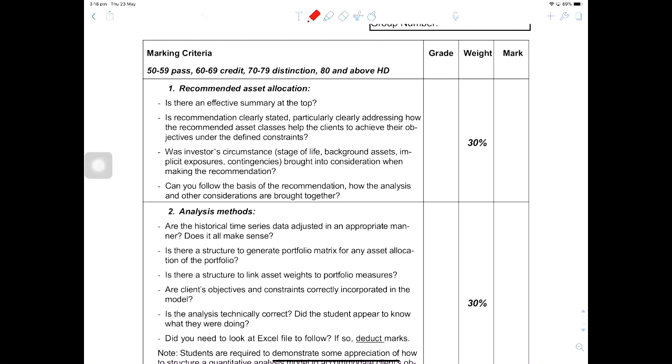So it's very important you recognize that your client is transitioning to retirement. So it is very important to frame your discussion within the context of the client's stage of life, background assets, like the family home, which is part of the assets a lot of investors would ignore, and implicit exposures.